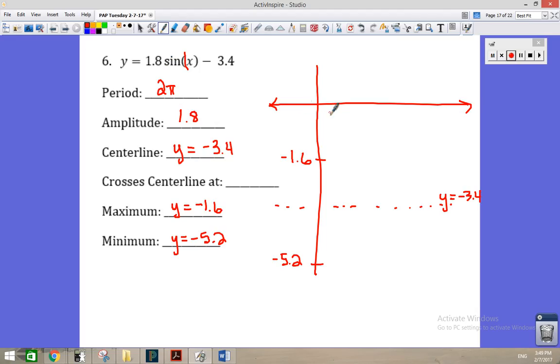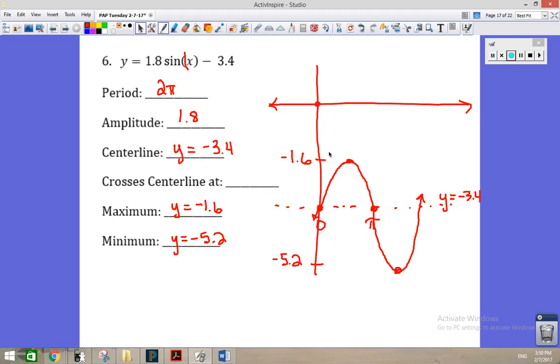The sine curve goes through the origin, so since that's been pushed down, it's here. So it's going to go up to the maximum, come back down to the center line, then go down to the minimum, then come back up to the center line, and it just continues to do that cycle forever to the left and to the right. There has been no horizontal compression or horizontal shrink. So this is 0 and this is pi.